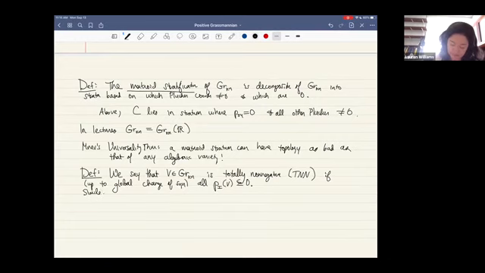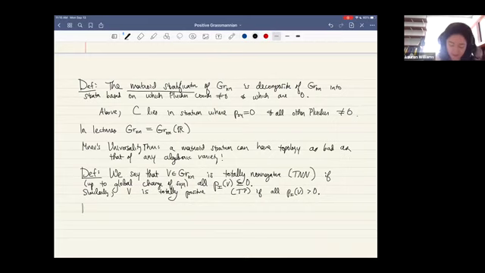And similarly, we'll say that V is totally positive, or TP, if all Plücker coordinates are strictly positive.